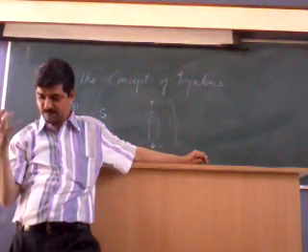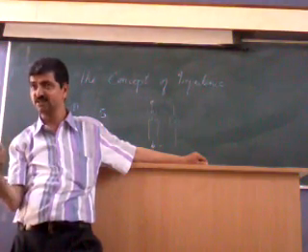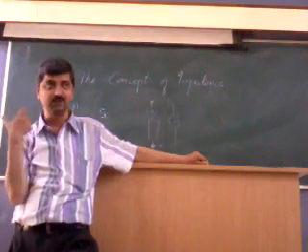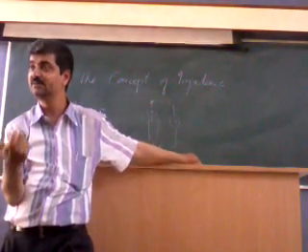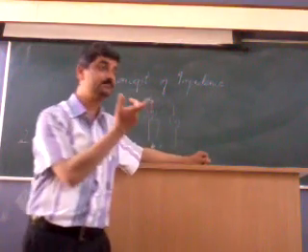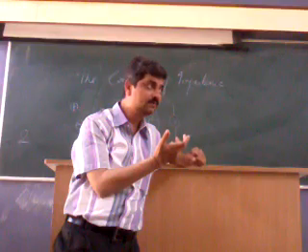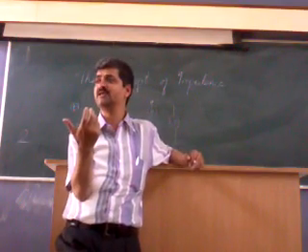if there is no rotational movement amongst the planets, what should have happened? Because of gravitational force, what would have happened? What does gravitational force say?